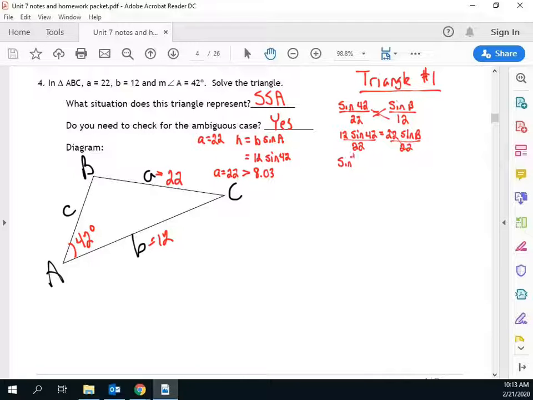And to save some space, which you guys should see by now, you take the inverse sine. We're finding the angle, so it's inverse sine. So you end up with this number here.